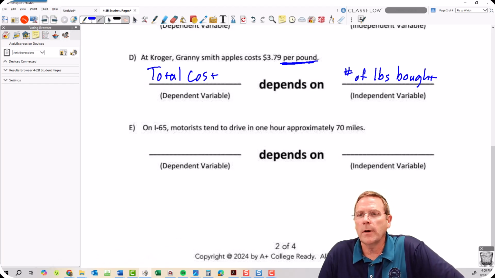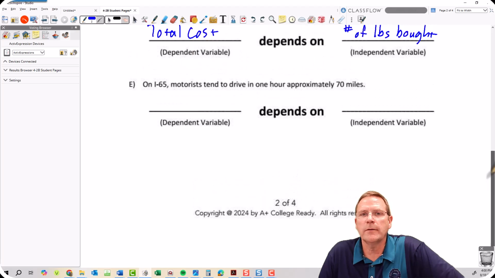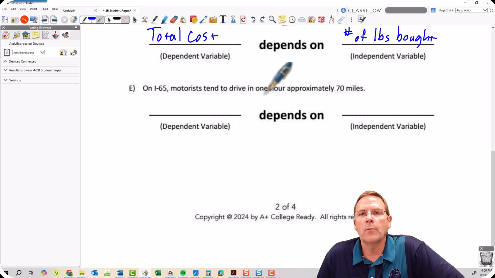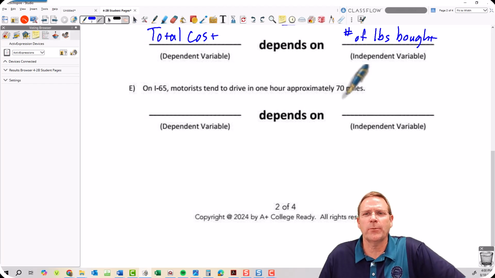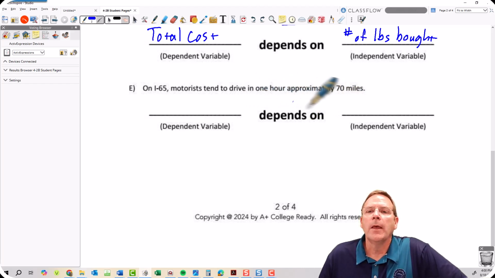We've got one more down here at the bottom. It says on I-65, that's a major interstate going through Alabama, motorists tend to drive in 1 hour approximately 70 miles. That's a lie. Speed limit 70 miles per hour, but I've driven that interstate. People aren't driving 70 miles per hour on that interstate. So anyhow, what do we know?